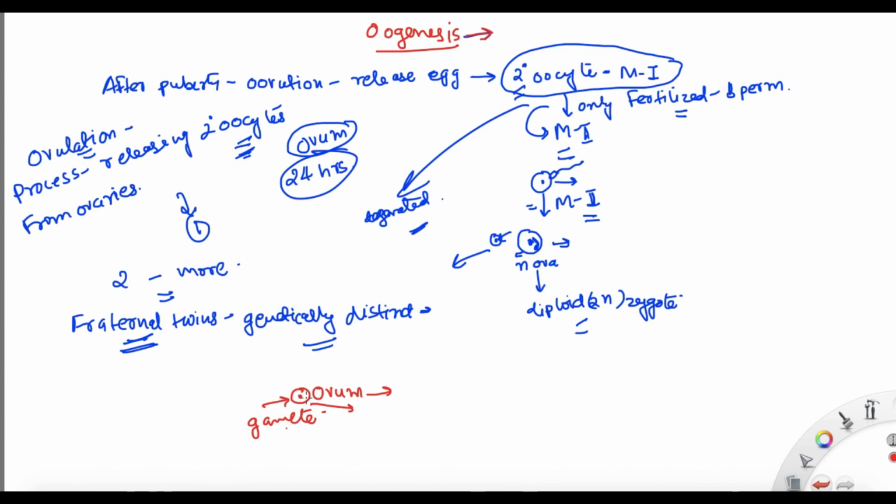That's why it is an unequal division, and the one that doesn't get any cytoplasm is the polar body. The purpose of the polar body is to reduce the chromosomes in order to get one mature haploid gamete at the end. That is how it differs from spermatogenesis, where we were getting 4 haploid sperms. Here we get only one mature haploid gamete at the end.